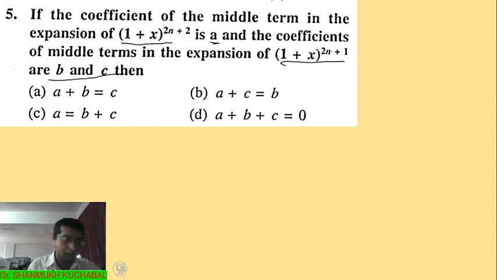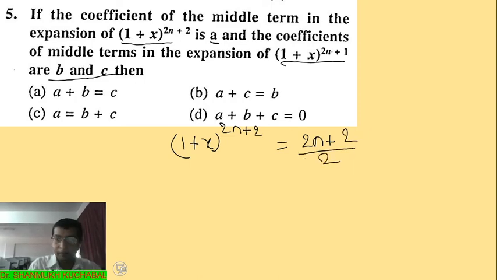So we can write the middle term of (1 plus x) raised to 2n plus 2 as given by (2n plus 2) divided by 2 plus 1.